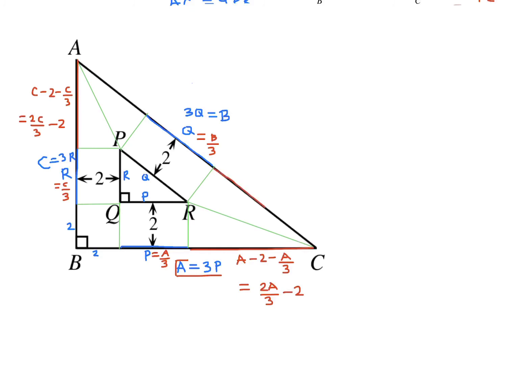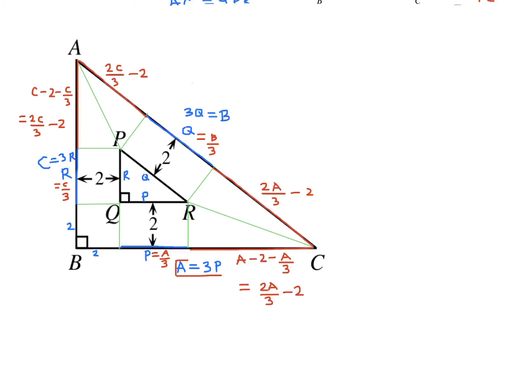And by symmetry, this is the same. It's 2A over 3 minus 2. And similarly, that is the same. It's 2C over 3 minus 2. And this part here, Q, is B over 3.